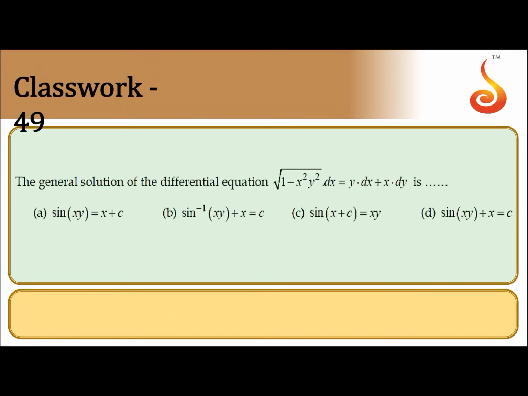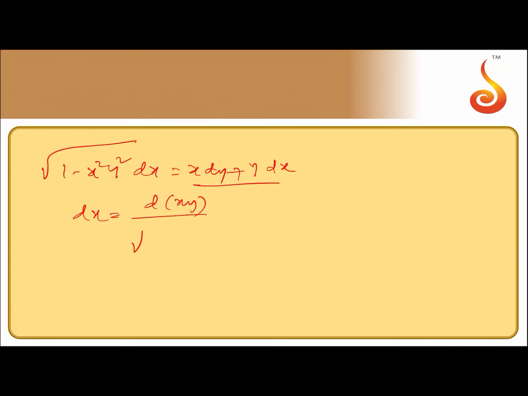Coming to the next one: general solution of the differential equation square root of 1 minus x square y square dx is equal to y dx plus x dy. Square root of 1 minus x square y square multiplied by dx is equal to x dy plus y dx, and this can be written as dx equals differential of xy divided by root of 1 minus xy whole square.